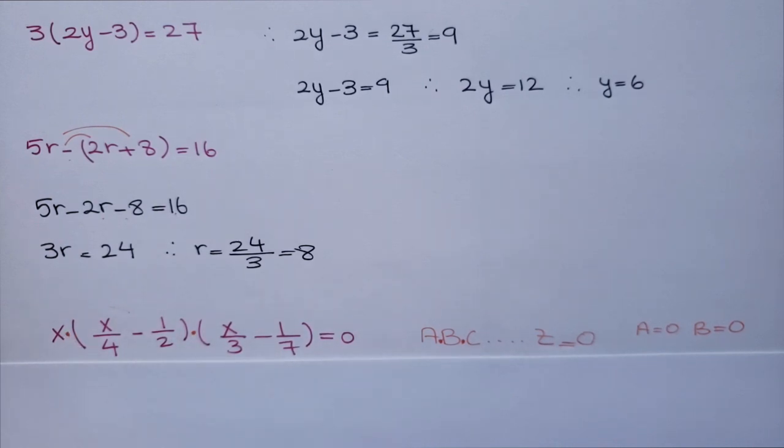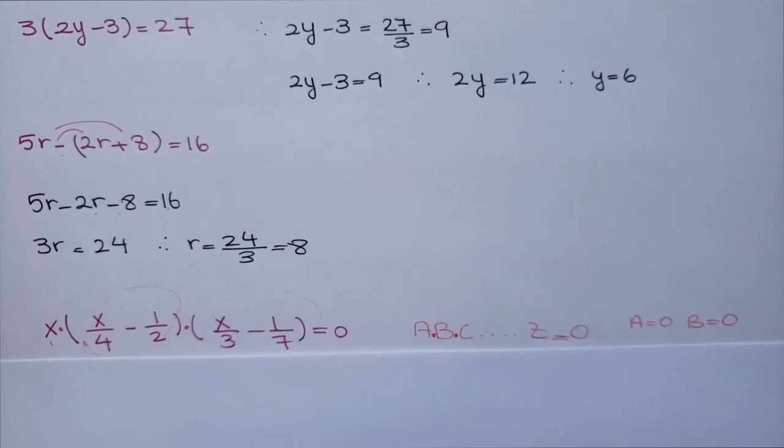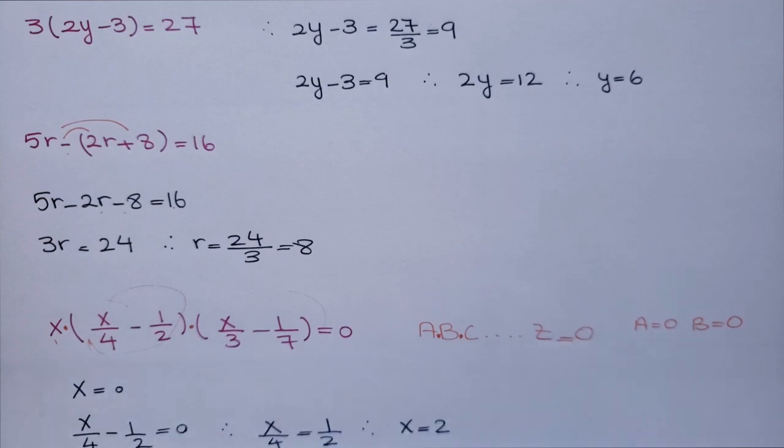So instead of multiplying and getting a very complex cubic expression, I just follow this rule and I would say if this is 0, that means either this one is 0 or this bracket is 0 or this one. And from each one, I will find a unique x or a unique root.